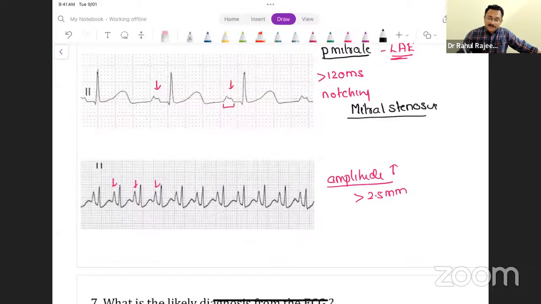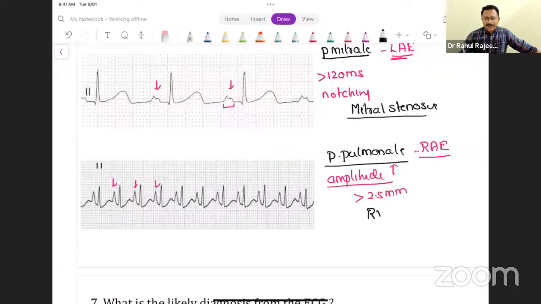This is what is referred to as the P pulmonale, and P pulmonale is suggestive of right atrial enlargement. Now, this can happen in conditions like, say, right ventricular hypertrophy due to pulmonary hypertension.